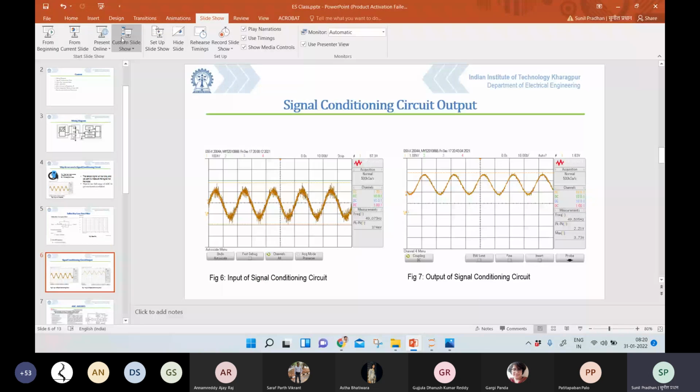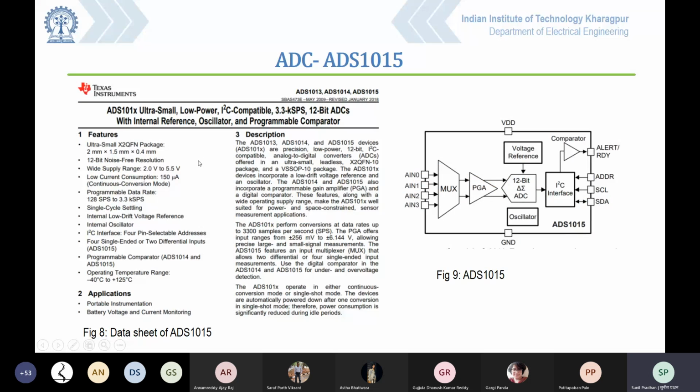Okay. So this is the kind of ADC we are using. Apart from this, we have some different ADCs also. If you are choosing an ADC, first you have to see the number of bits. This is a 12-bit ADC. Like this, we have a 10-bit ADC also.